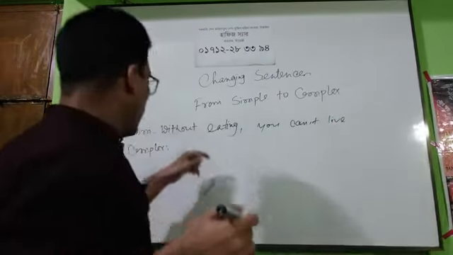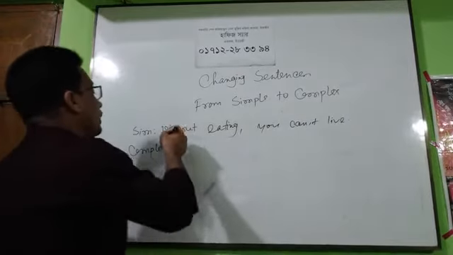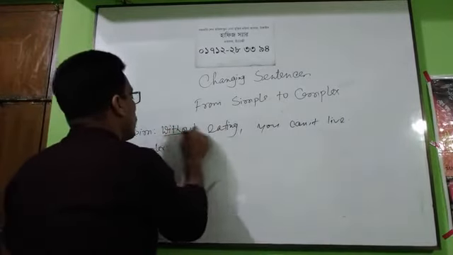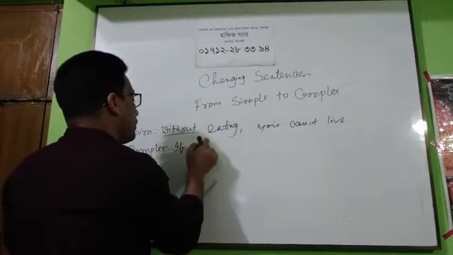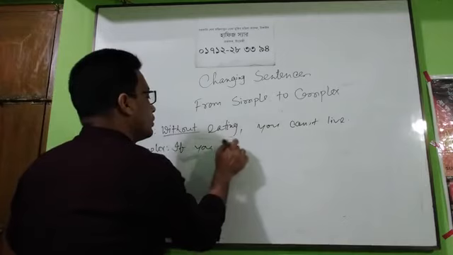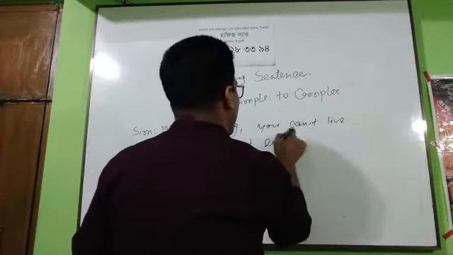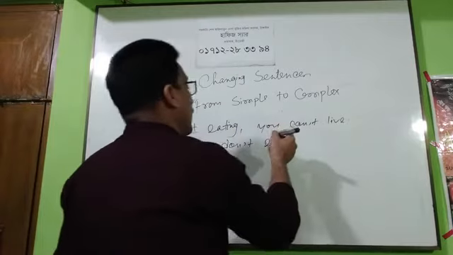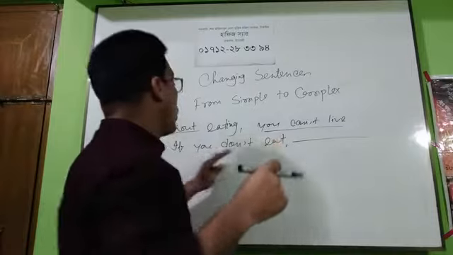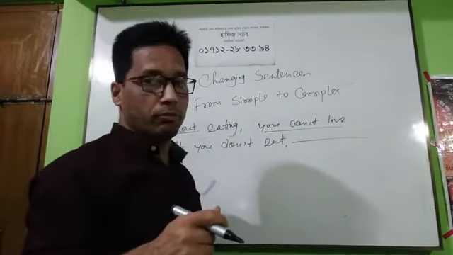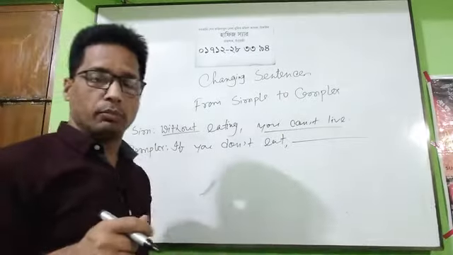So if we turn the simple sentence into complex, then we have to use if you don't eat, and then the principal clause must come here. If you don't eat, you can't live, or unless you eat, you can't live.